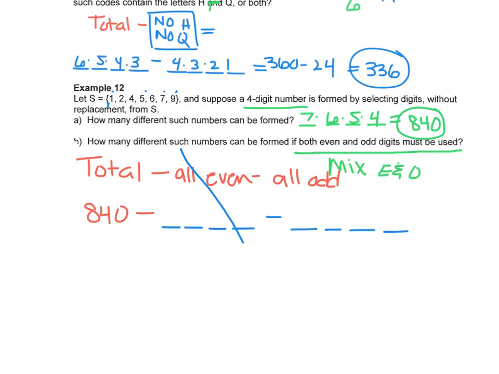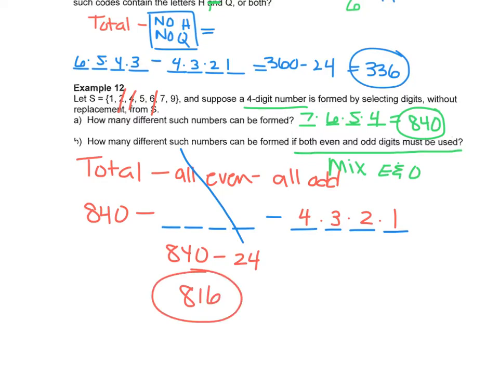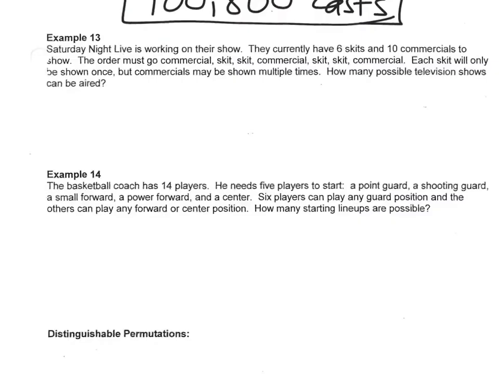If I go back and I look at this in terms of all odd, that means I cannot use any of the even numbers. Which leaves me 1, 2, 3, 4 choices, 3, 2, then 1. So 840 minus 24. There's 816 different codes that have to use one of each.